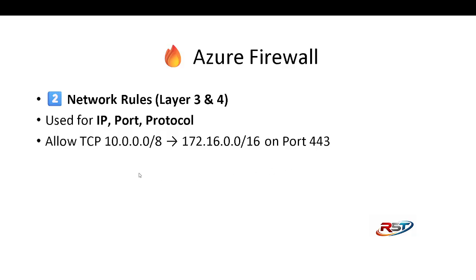So we are allowing from a class A private network to a class B private network, all networks, on port 443. So this is an example rule.